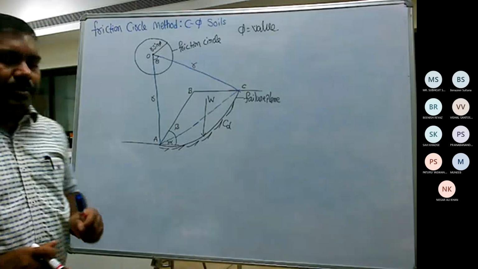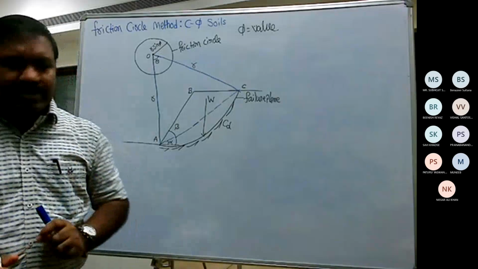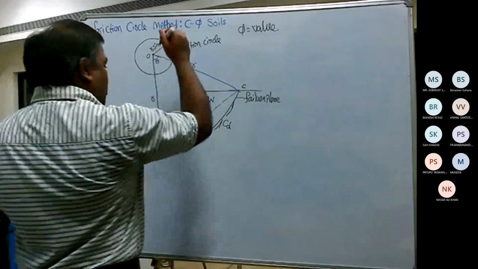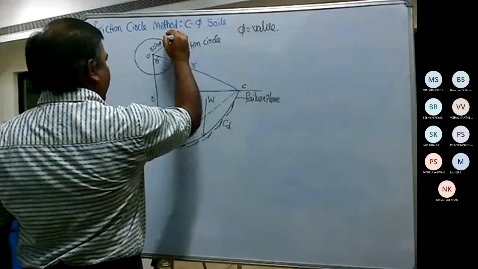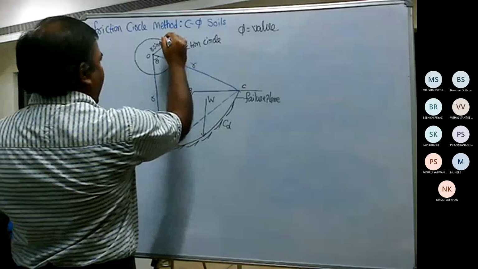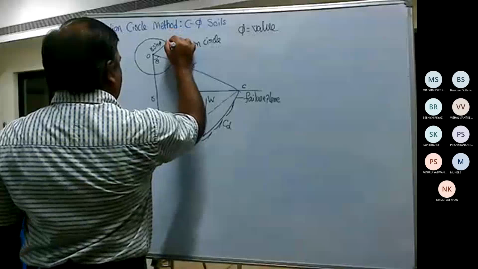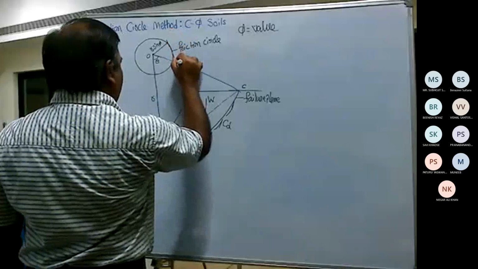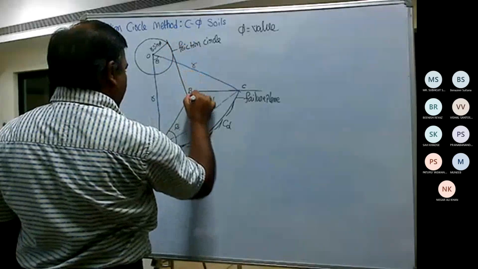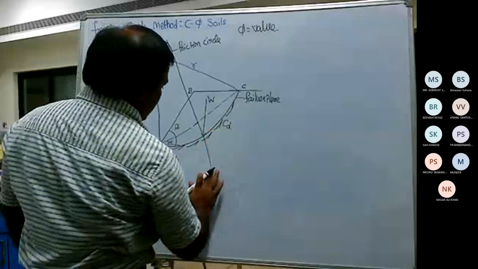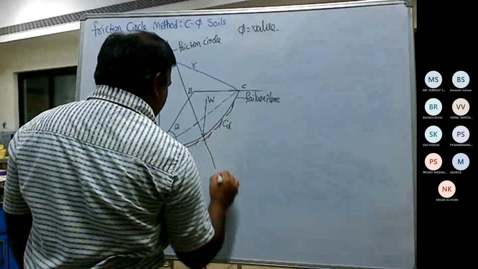Now, another major assumption that they made is, suppose I draw a tangent from the friction circle. So this is how it passes through. So this is the tangent.